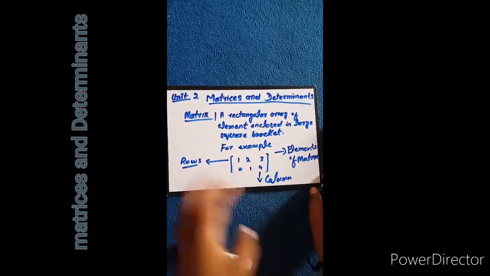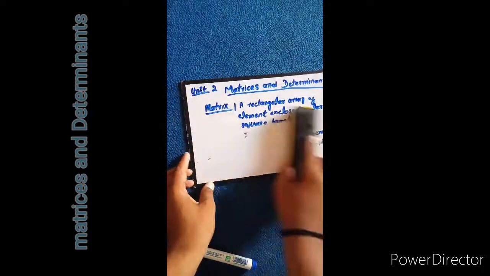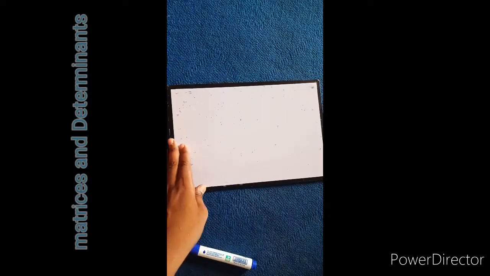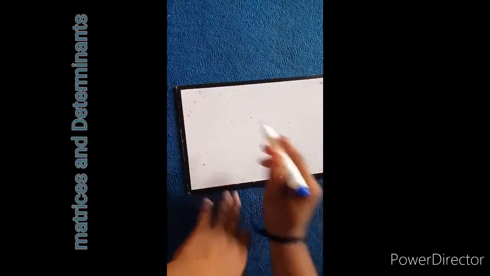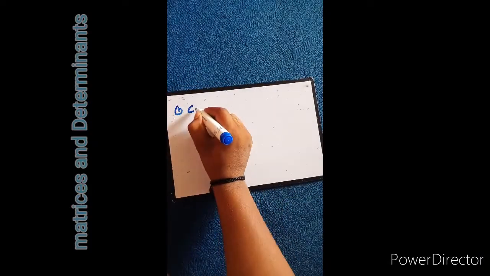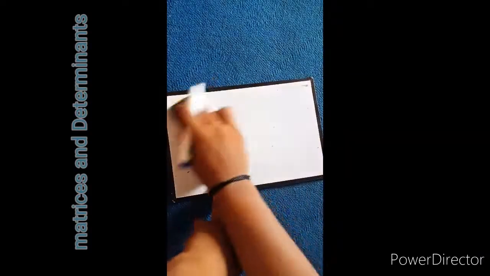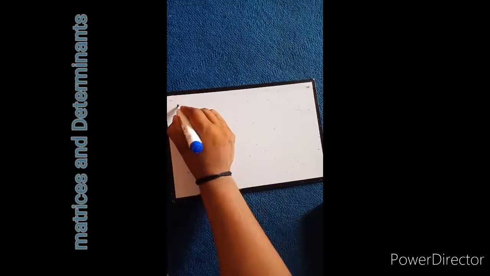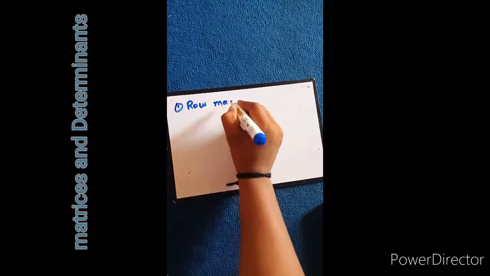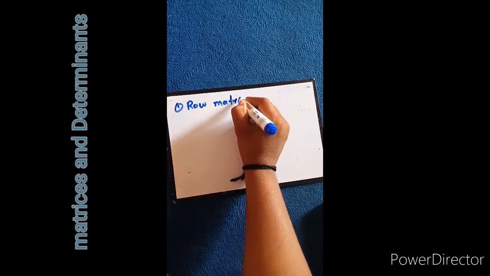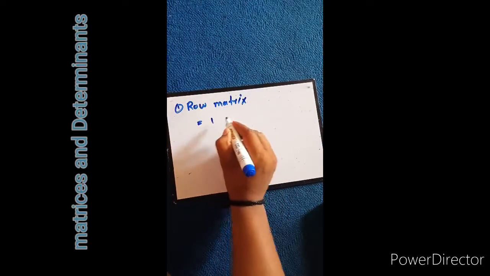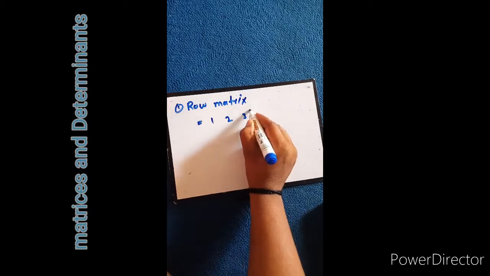Now I am going to define different types of a matrix. There are several types which can be easily defined. Among them, the first one is the row matrix. So how can we define a row matrix? 1 2 3.